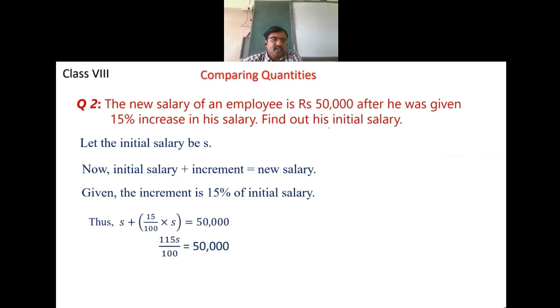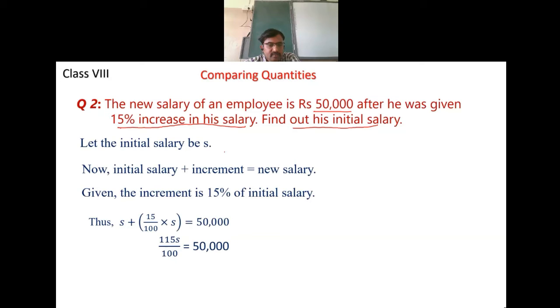Here is a similar type of question, but not the same. The new salary of an employee is 50,000 after he was given a 15% increase in his salary. Find out the initial salary.